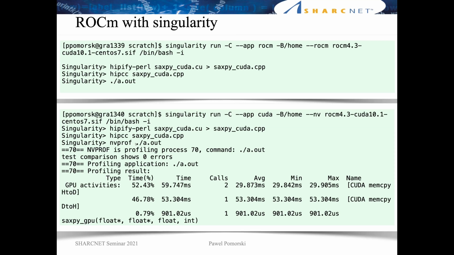And the executable which I get, a.out, I can run it through nvprof, and it runs. The HIP executable created by hipcc is basically just a CUDA executable, so all the CUDA tools just work on it as you would expect. So this is how Singularity works on our clusters. And if we ever install ROCm on them, it will probably be this kind of arrangement.